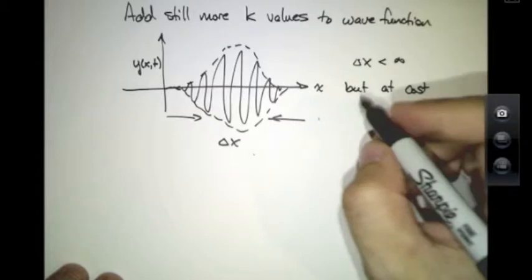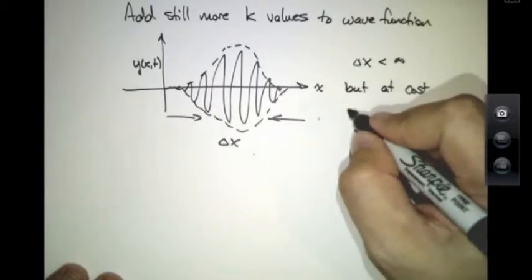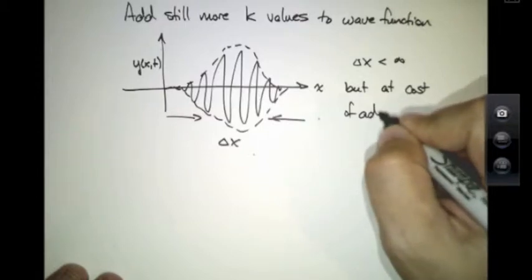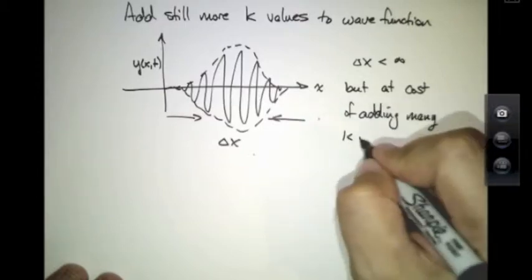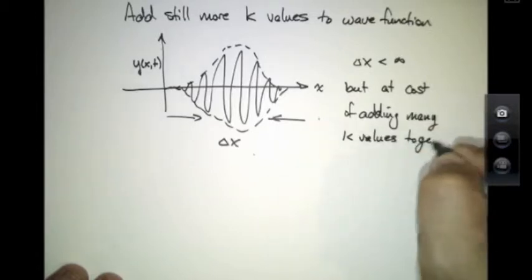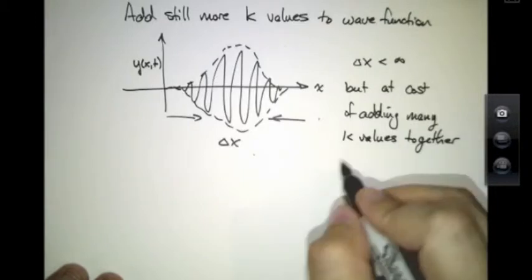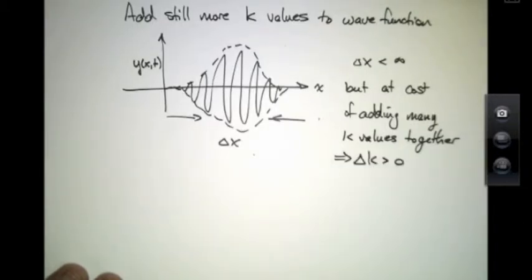And the only cost that it came at is I had to add many k values together, which means that delta k is now bigger than 0. We don't have a unique wave number anymore.